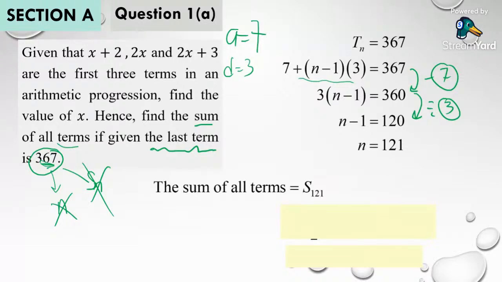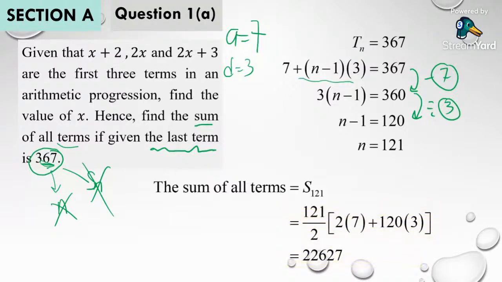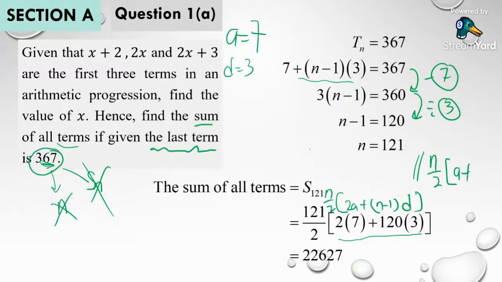Therefore, for the calculation here, I can just make use of the Sn formula to get my answer, 22627. The formula I have in display here is n over 2 times 2a plus n minus 1 d to get the result. Of course, you can also solve this question by using n over 2 times a plus l.